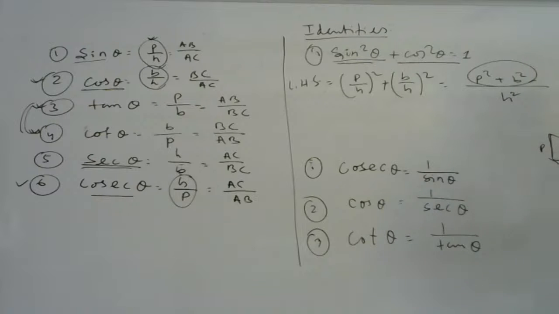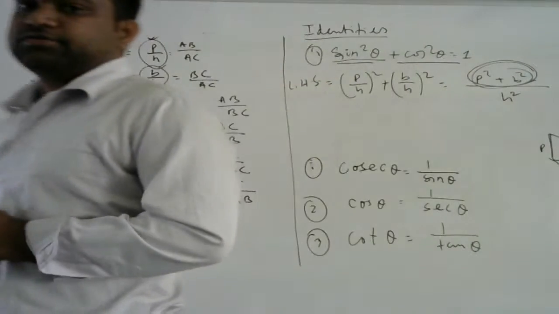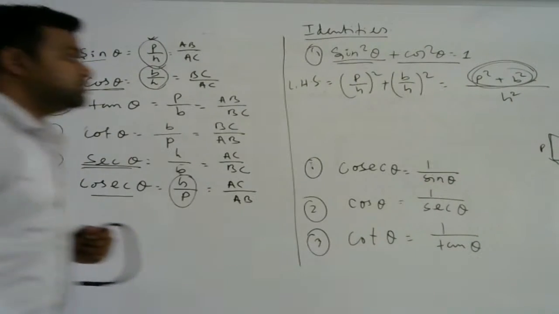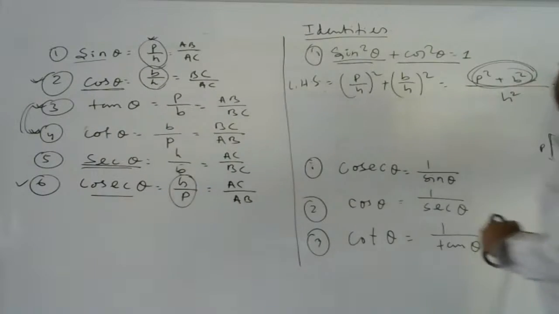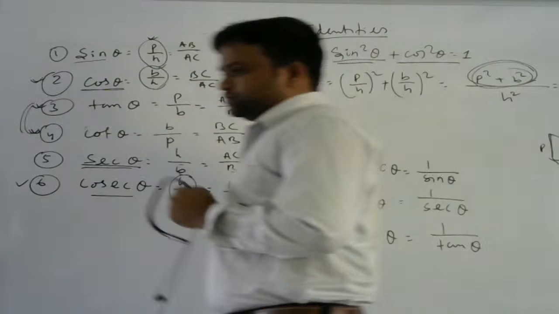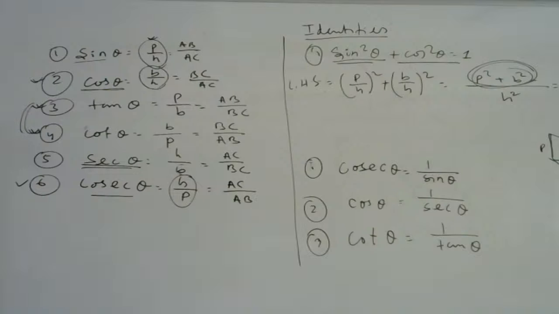According to Pythagoras theorem, p square plus b square equal to h square. So in the numerator I can replace p square plus b square with h square. In the denominator h square, they cancel out, giving 1, which is equal to the right hand side. So sin square theta plus cos square theta equal to 1. You can prove it this way.